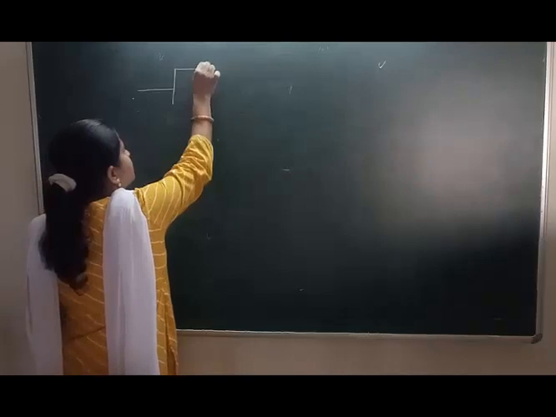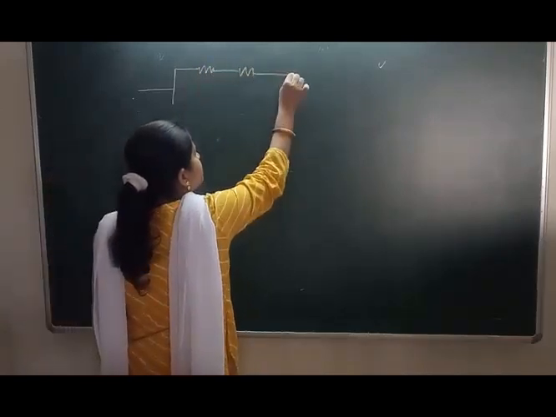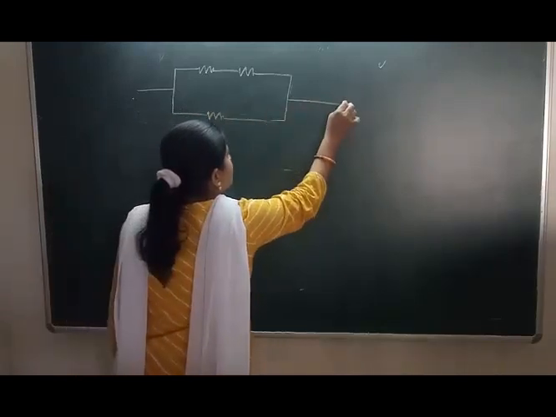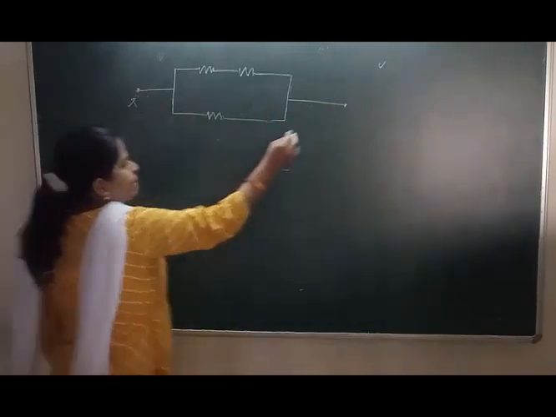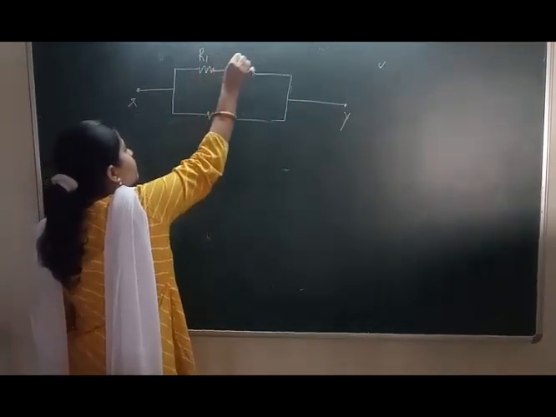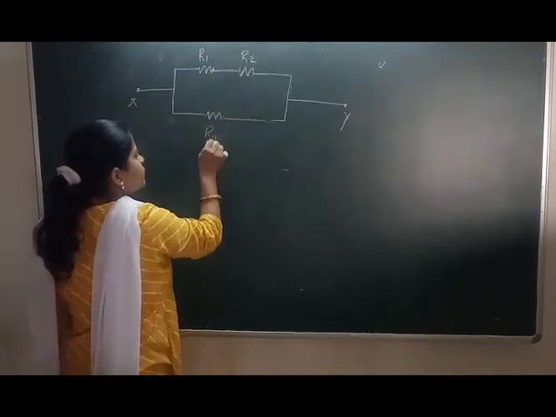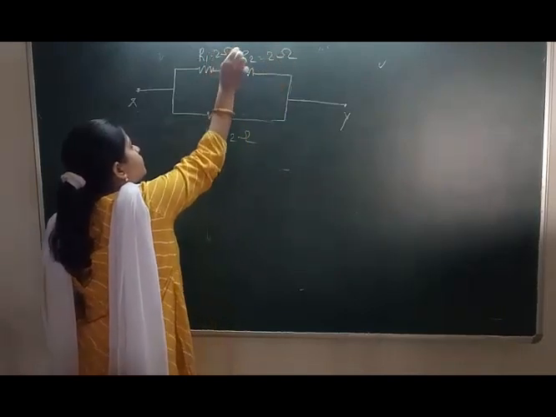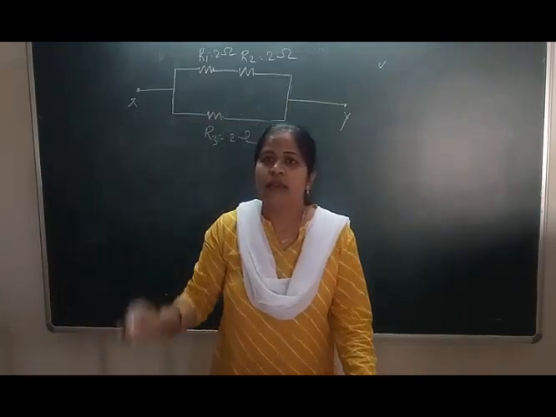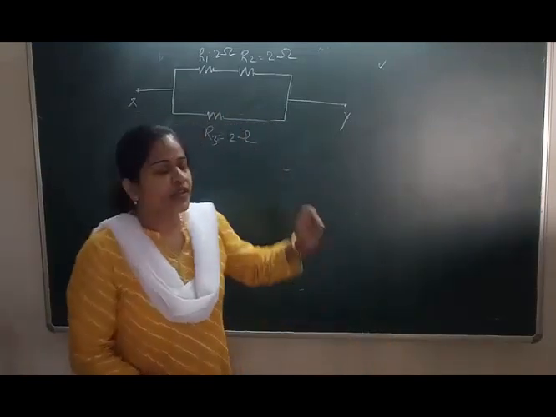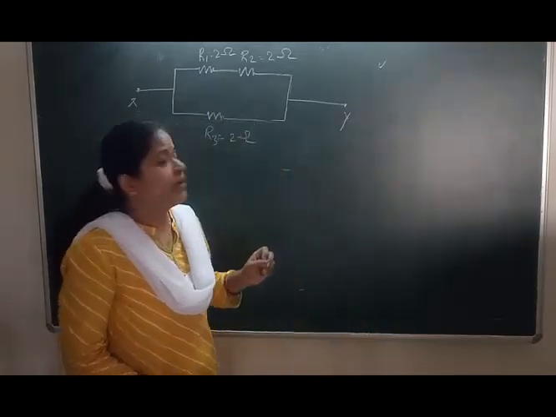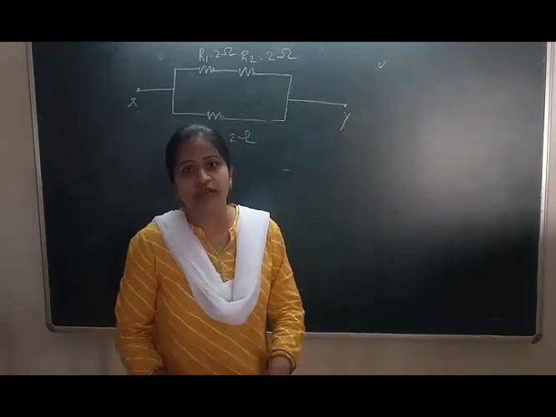I'll take one circuit diagram, to find out the equivalent resistance between X and Y. So here we are having the three resistors R1, R2, R3, all of the same 2 ohm resistance. So how to find out the equivalent resistance between X and Y?